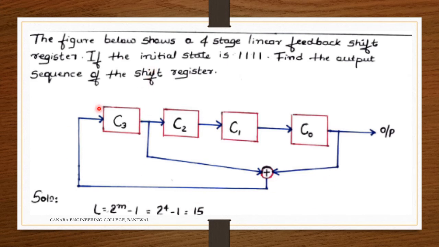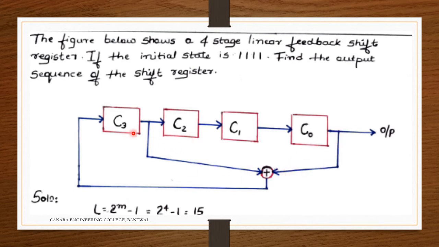Okay, this is a linear feedback shift register. So you have to observe that after how many, 2 to the power of 4 minus 1, that is 15, sequences it is going to repeat. So what is this? C3, C2, C1, C0.